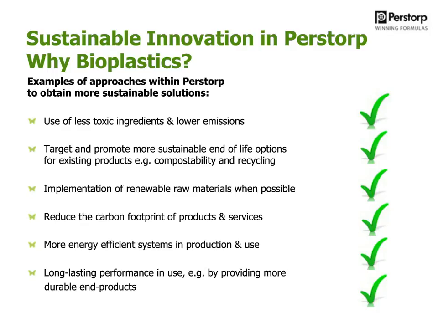And when we work with different types of products, we try to find more sustainable end-of-life alternatives, and that could be either compostability or recycling. And when possible, we are implementing renewable raw materials to reduce the environmental impact. It can also be to introduce new properties in our product, which then will be an added value.